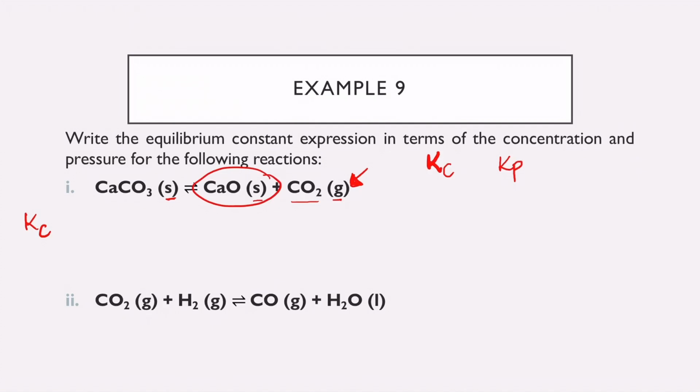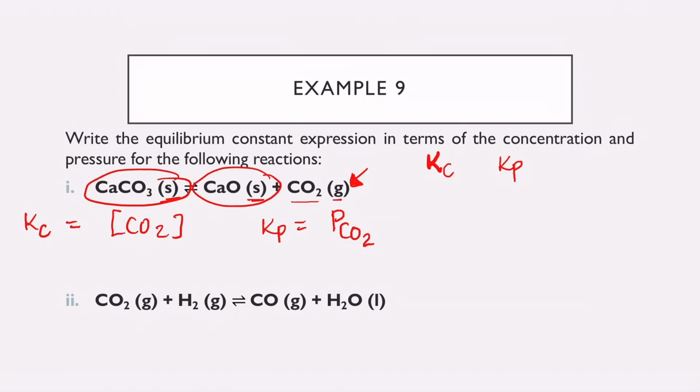These two you're not going to count because they are solid. Solid pure substances are inactive. They have constant concentration, so they don't affect your equilibrium constant. So Kc for this reaction is just CO2. No solids, okay? Kp, since it is gaseous, will have a partial pressure, so you just write the partial pressure of carbon dioxide.